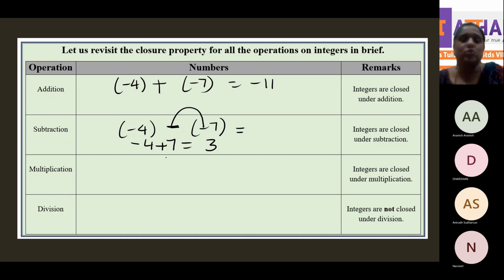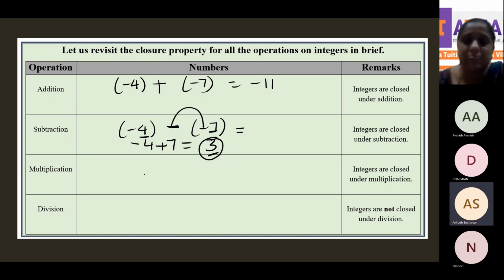Because different signs, we subtract 7 and 4. When you subtract, you get 3 and put the sign of the greater number. So plus 3. And 3 is also an integer. See here, -4 is an integer, -7 is an integer. When you find the difference of two integers, what is the answer? 3. And that is also an integer. That means integers are closed under subtraction.